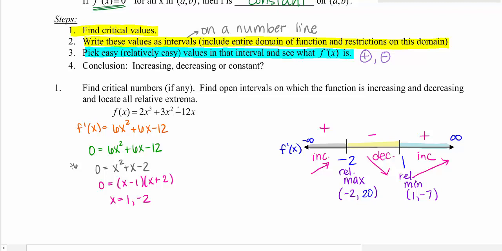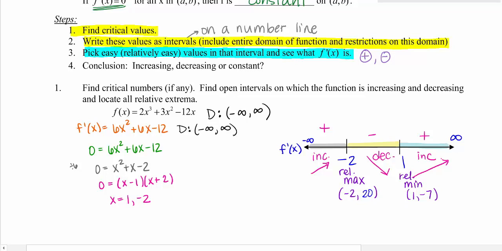So there are no restrictions to the domain, so that might be something that I want to note from the beginning here. This domain is all reals. Same thing is true for the domain of the derivative. It is all reals.